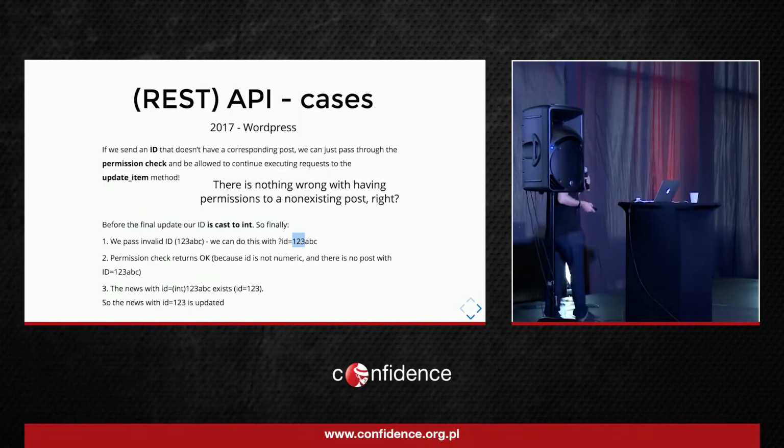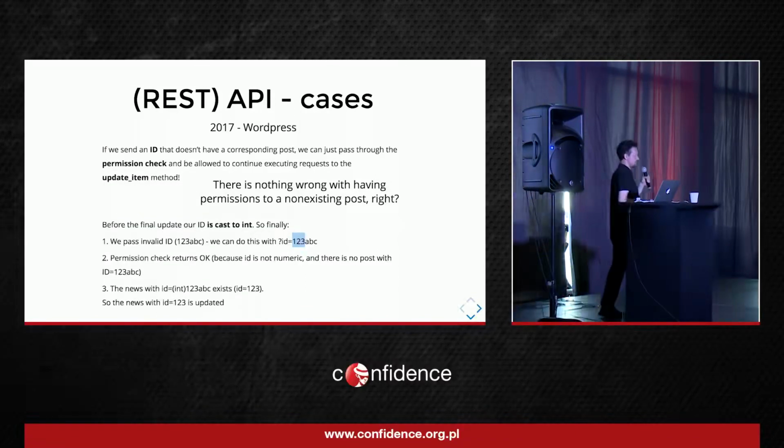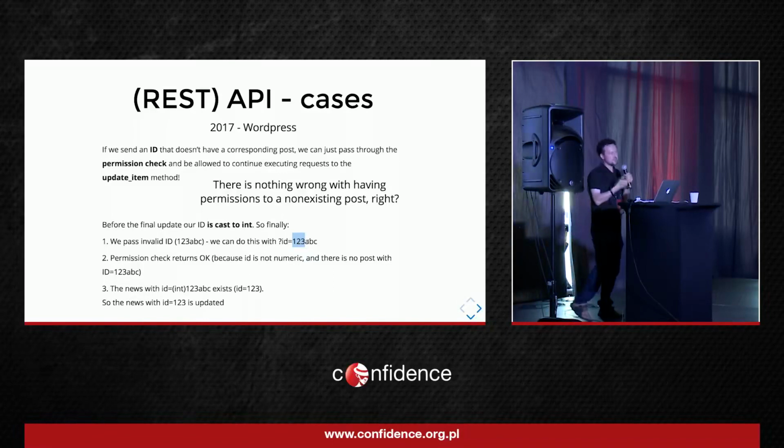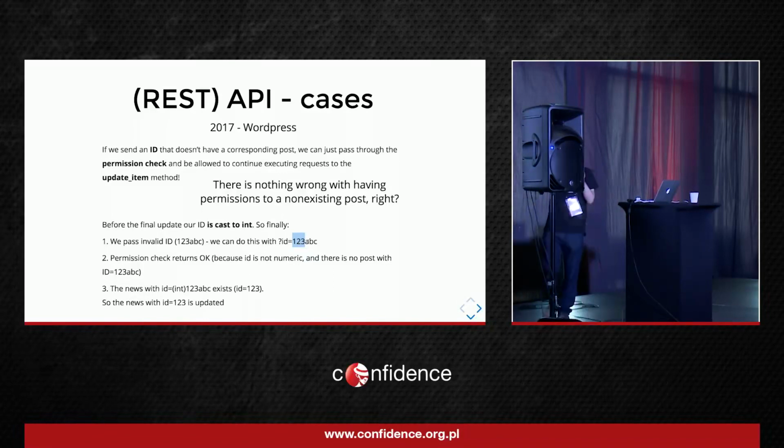Then we have our permission checking function, and by default, it returns true. So if we have this post with ID 123ABC, this post, of course, doesn't exist. And in this case, this function returns true. So you can update or edit this post with this non-existing ID.